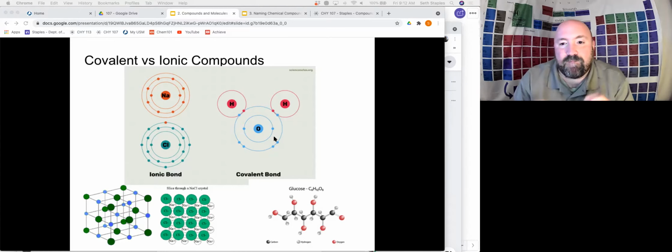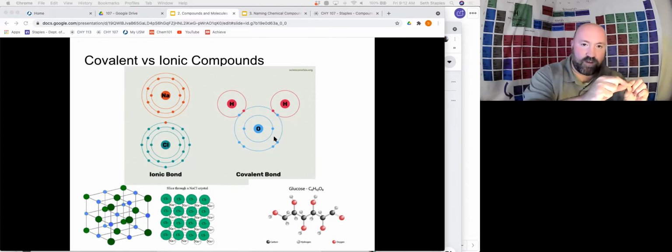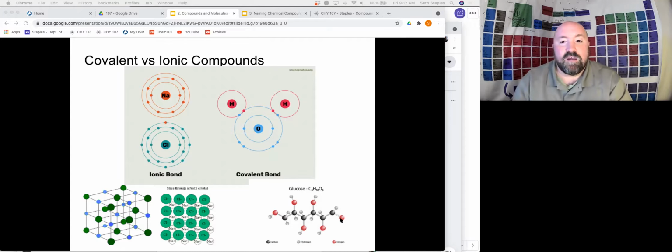Now, the chemical formula for a covalent compound does show what the formula is for a discrete molecule. In this case, we would have an H2O molecule here, an H2O molecule here, an H2O molecule here, and so on. Same with glucose. Chemical formula of glucose is C6H12O6.